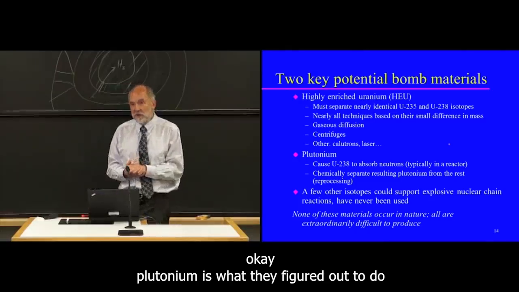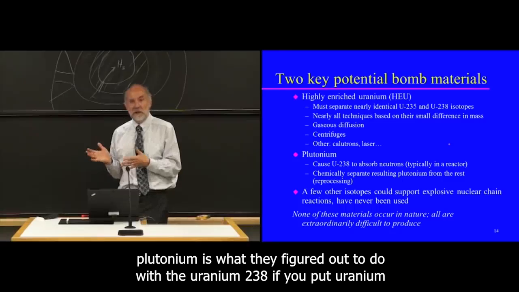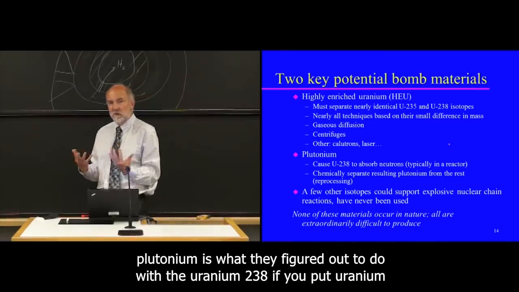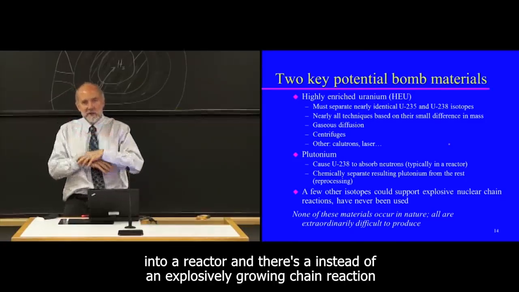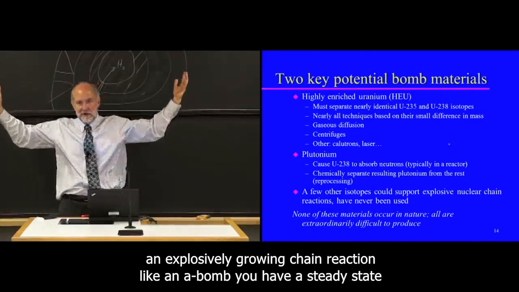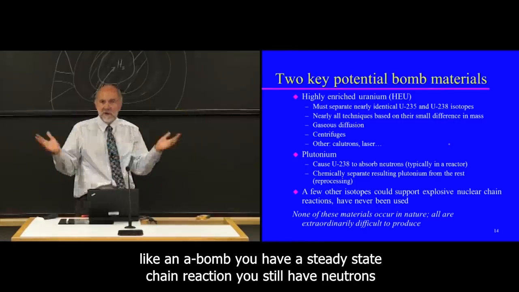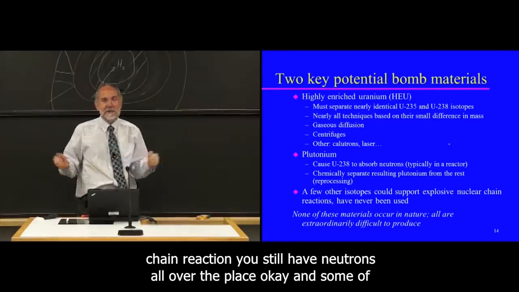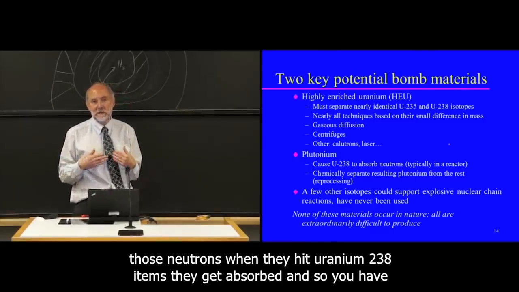Okay. Plutonium is what they figured out to do with the uranium-238. If you put uranium into a reactor, and instead of an explosively growing chain reaction like in a bomb, you have a steady state chain reaction, you still have neutrons all over the place. Okay? And some of those neutrons, when they hit uranium-238 atoms, get absorbed.